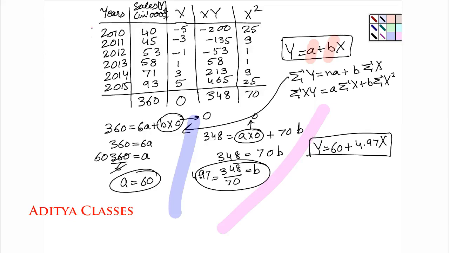Now suppose you were asked what are the expected sales in 2017. So what I'll do, I cannot put 2017 over here in place of x because I'm not making use of years as my x. My x is deviation in years. So 2015 is being represented by 5, 2014 is being represented by 3.